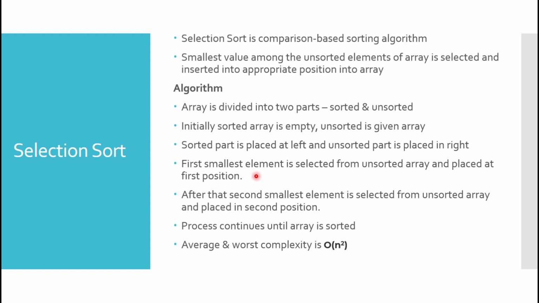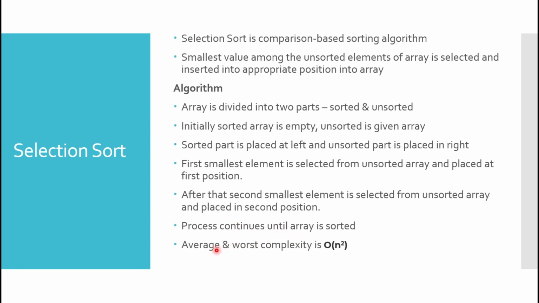First, the smallest element is selected from the unsorted array and placed at the first position, and then the second smallest element will be selected from the unsorted array and placed in the second position. Like that, based on the number of elements, this process will continue until the array is sorted.